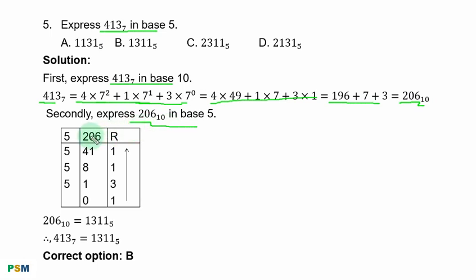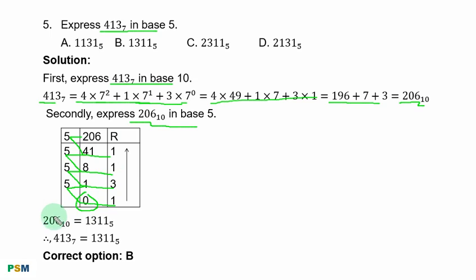So you have 206 divided by 5, you have 41, remainder 1. 41 divided by 5, 8, remainder 1. 8 divided by 5, 1, remainder 3. 1 divided by 5, 0, remainder 1. The last result is 0. You stop division and you write the remainders upward.